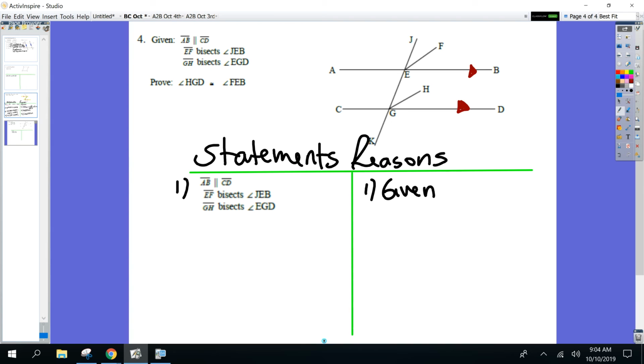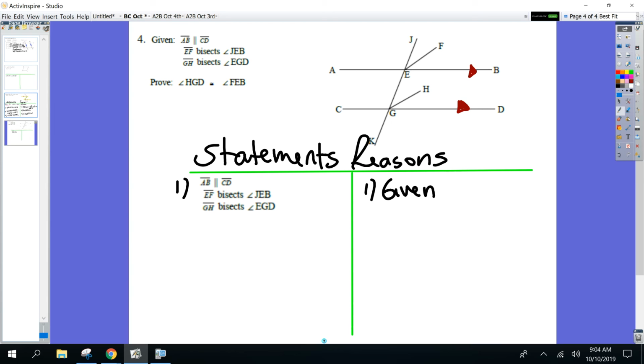Hey, good stories. Here we go with this proof, because this is going to be a challenge. I've heard some comments already. This isn't tough at all. It's going to be two steps because HGD and FEB are corresponding.